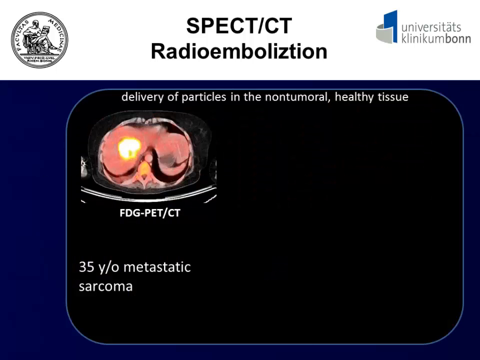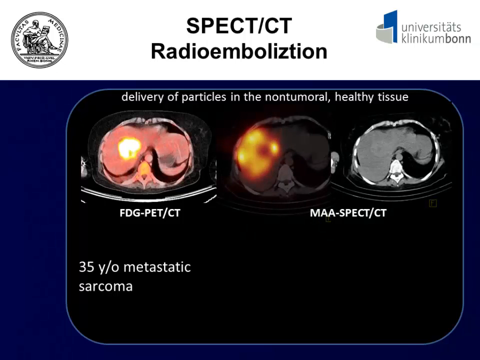But here is another case, a patient with metastatic sarcoma, with a very big metastasis in FDG PET CT. You see high glucose metabolism. We performed the MAA scan, and you see no accumulation in the tumor, just in healthy liver tissue. We did it in 2008, and at that time we didn't have enough data and knowledge about the relevance of this accumulation.